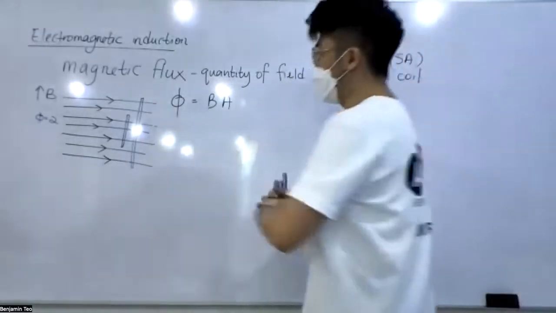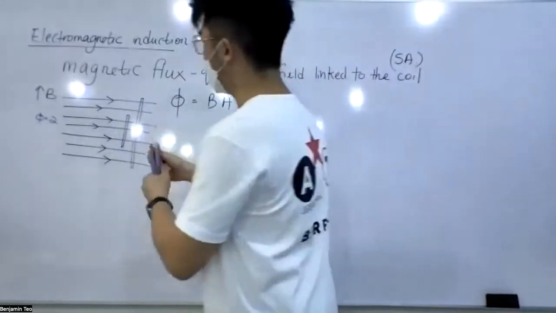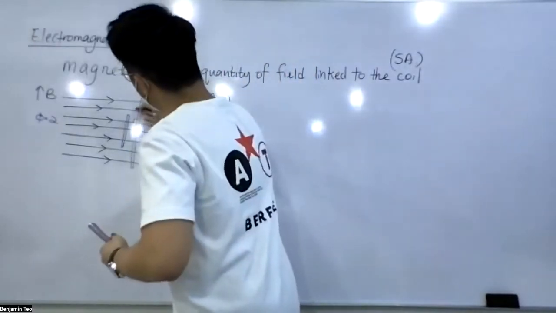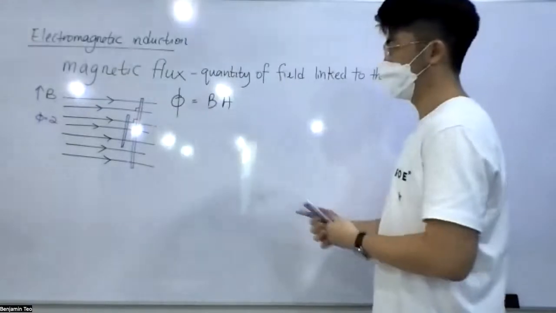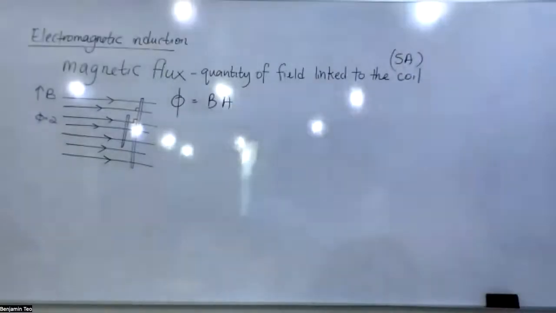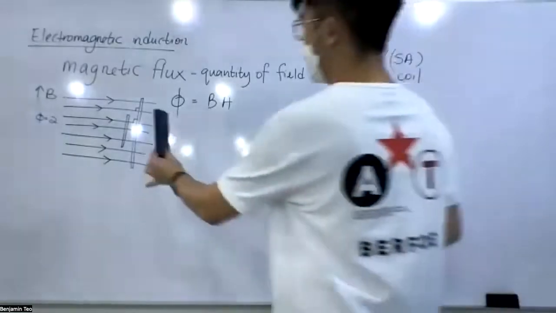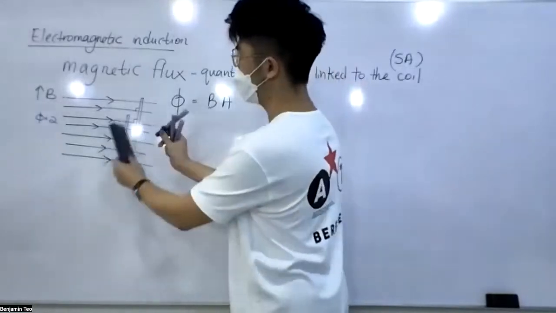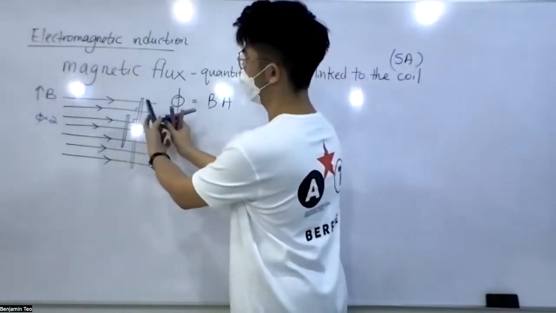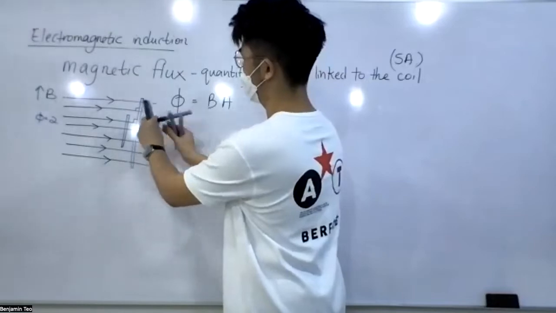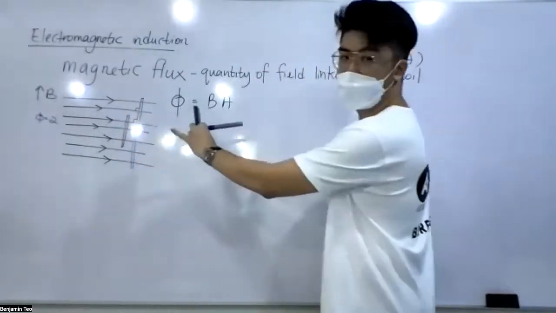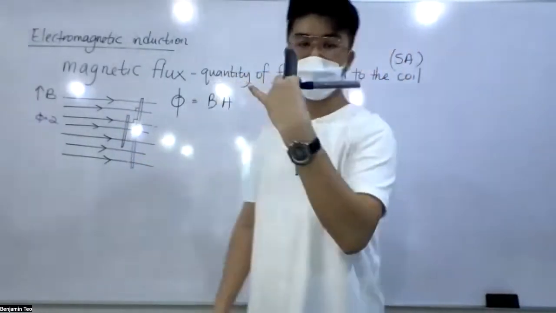Now, all these lines are making 90 degrees with the plate. If I take the plate like this, this is the surface area, and this is the area vector. The area vector is perpendicular to the surface area.